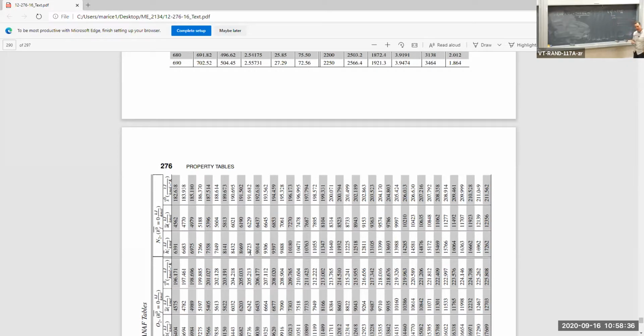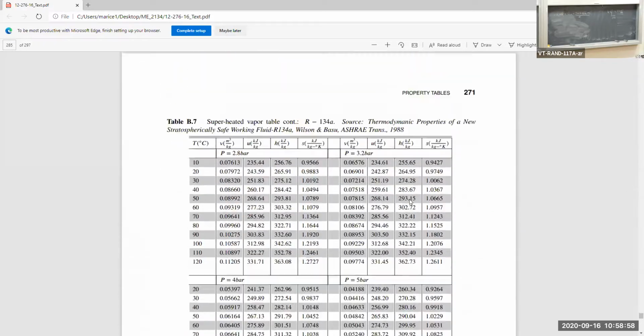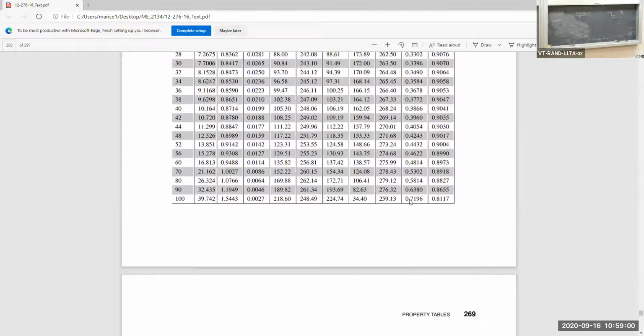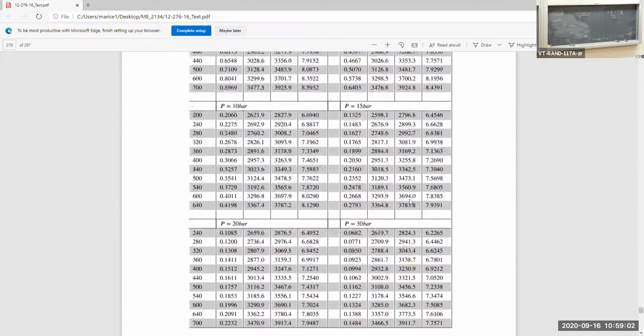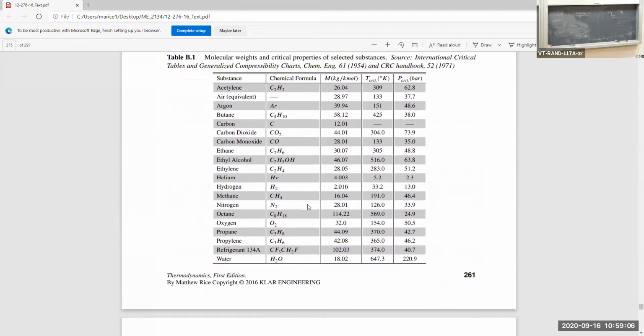Let's convert that into kilojoules per kilogram, which would be our H. So that means I need to divide by the molecular weight for nitrogen. Let's look up the molecular weight for nitrogen. The kilomole should cancel out. There we go.